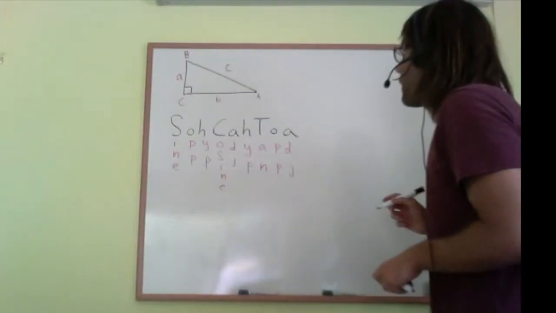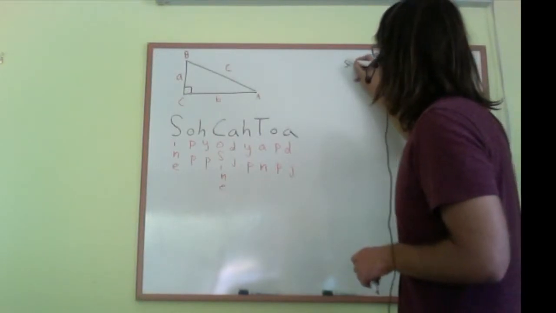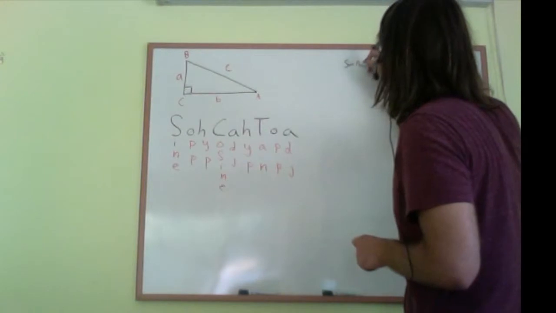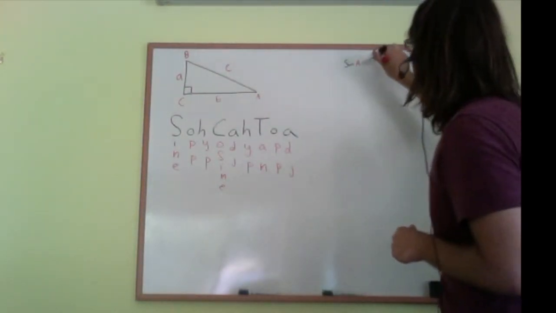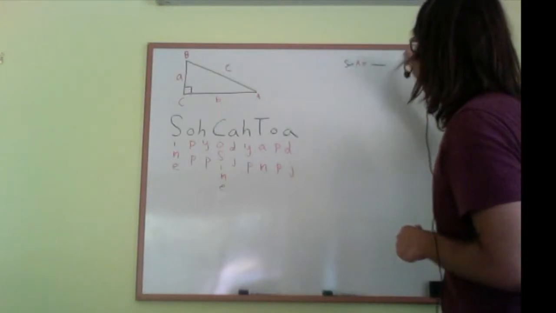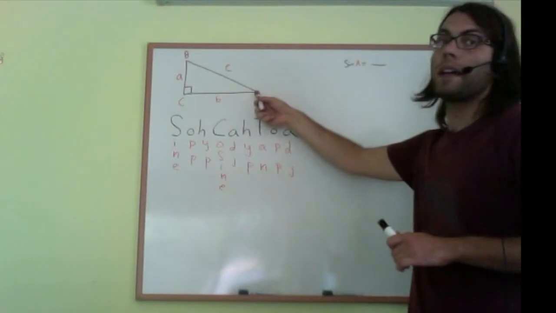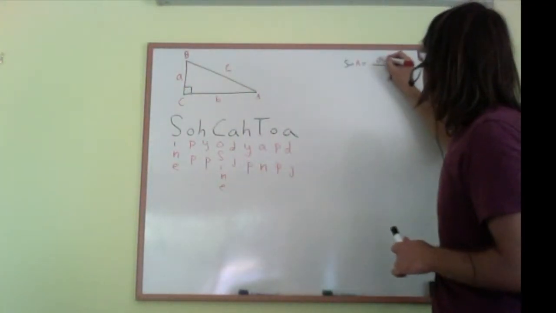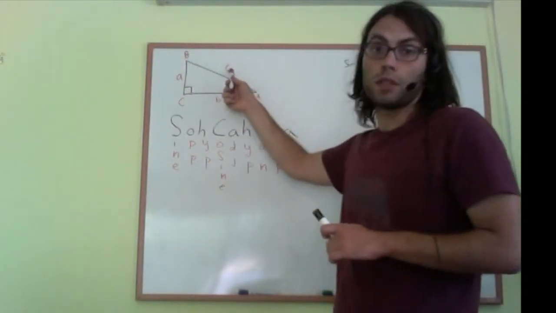Now, in terms of this picture, we have that sine of A is going to equal, we have opposite big A is little a, and then the hypotenuse is little c.